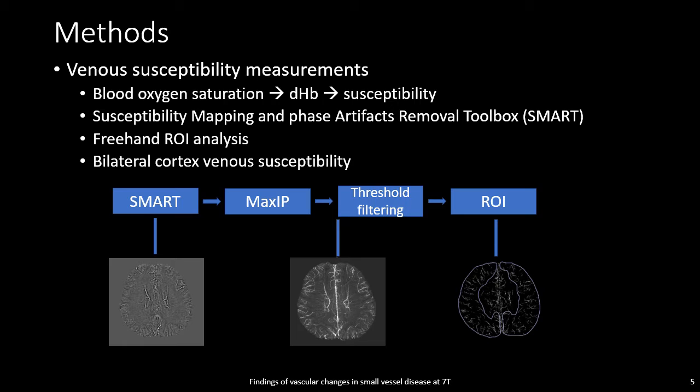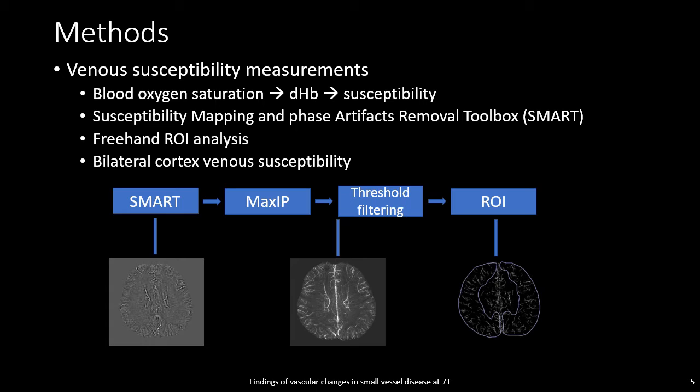We use SWI magnitude and phase images to reconstruct quantitative susceptibility data. This step uses the susceptibility mapping and phase artifact removal toolbox. Thank you to Professor E. Mark Haacke for this software. Then we used MATLAB to perform ROI-based susceptibility analysis.